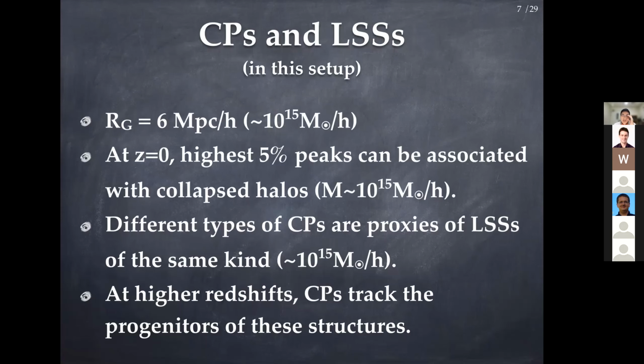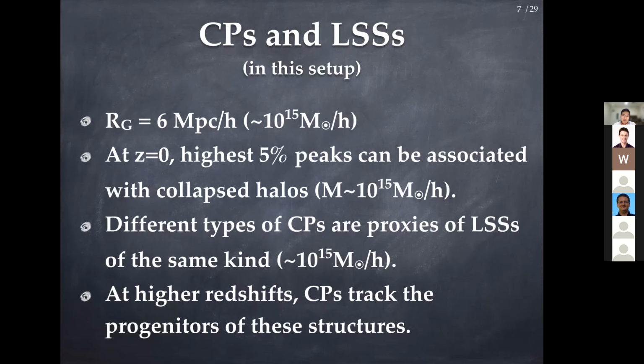And having said that, the highest 5% of peak-type critical points at redshift 0 can be associated with collapsed halos of that mass scale, considering the heights of the 5% highest peaks compared to the RMS fluctuation of the field.